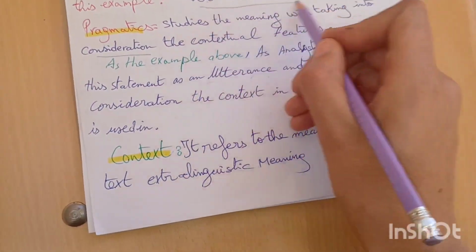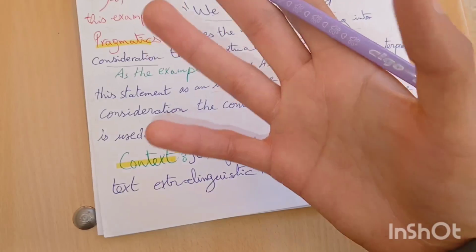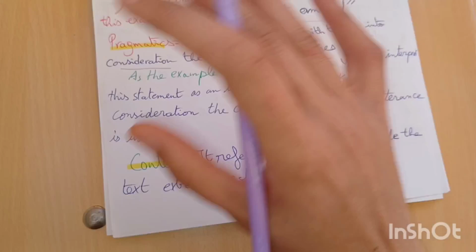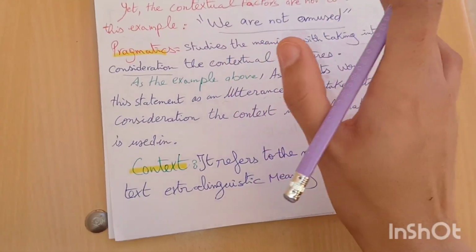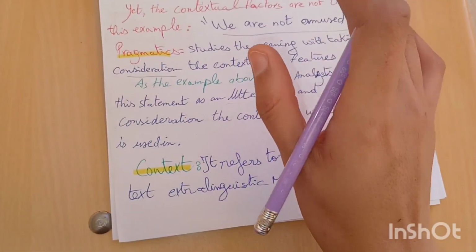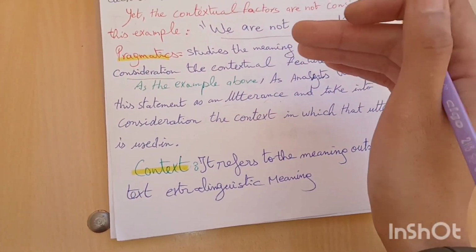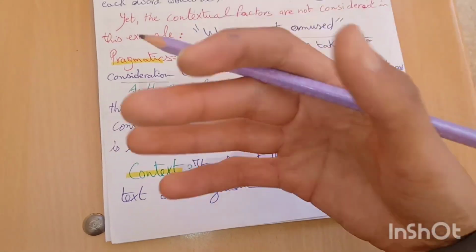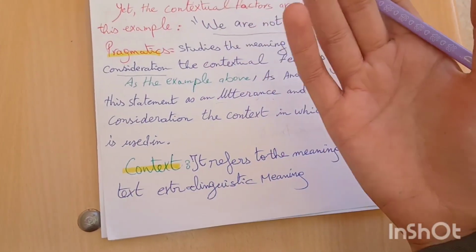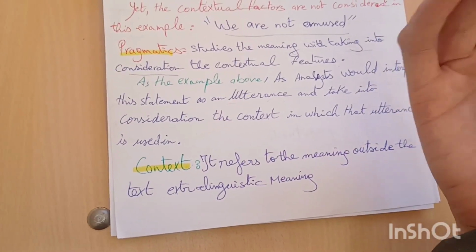Actually, this utterance was used by Queen Victoria after the death, I think, of her husband, and she was depressed, and some other people, let's say her royal group, tried to make her get out of this depression and feel happy, or feel at least at ease.